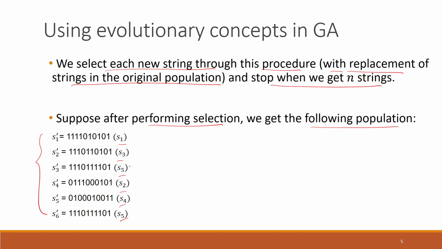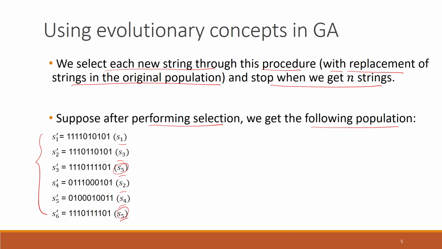The string S5 is getting repeated here, and that is fine, because we were selecting these strings with replacement from the original population. That is why we can get a string twice, and it can also happen that a particular string is not selected. For example, S6, which was there in the original population, did not get selected here. So this is a randomized procedure for doing selection.